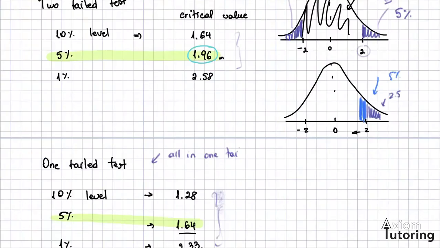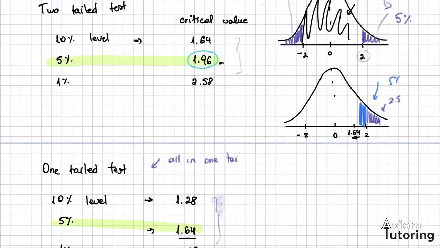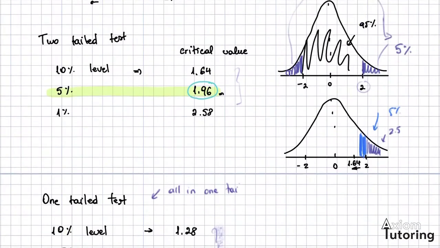And just as this number is in here, this is the 1.64, which coincides, no surprise here, now that we know the relationship, with the 10% level of the two-tailed, because at the 10% on the two-tail, we're splitting it in two tails of 5%.